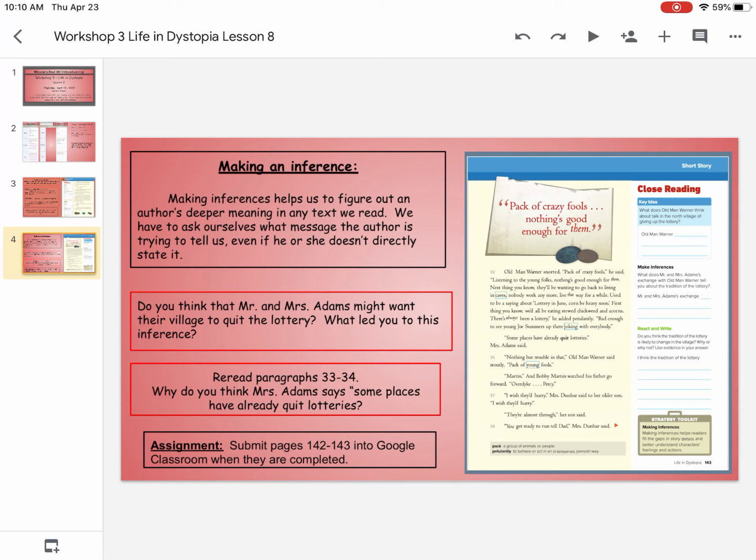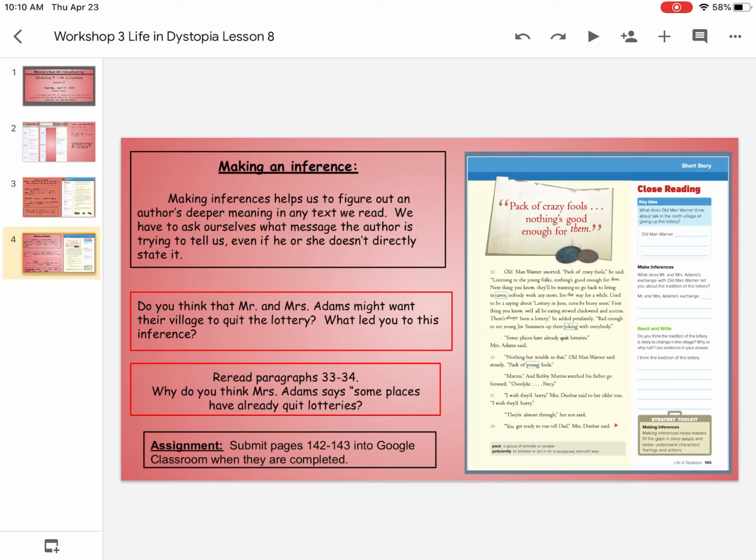All right. Now, the last thing I want to mention is the strategy toolkit. When you look at making inferences, sometimes it's going to help us understand more how those characters are acting and feeling. The author doesn't come out and say Mr. or Mrs. so-and-so acts or feels this way, because based on how they're talking and how they're acting, we have to figure that out.